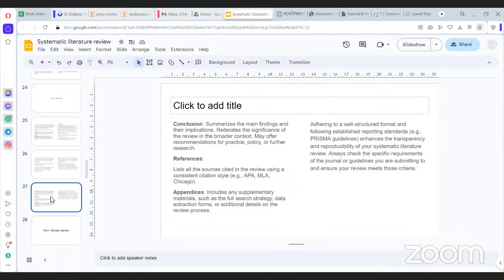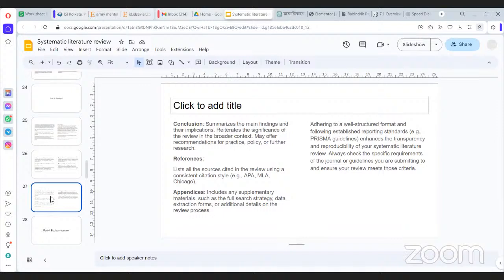Appendices. Next is the appendices. It includes any supplementary materials such as the full search strategy, data extraction forms, or additional details of the review process. Adhering to a well-structured format and following established reporting standards, that is PRISMA guidelines, enhances the transparency and reproducibility of your systematic literature review.